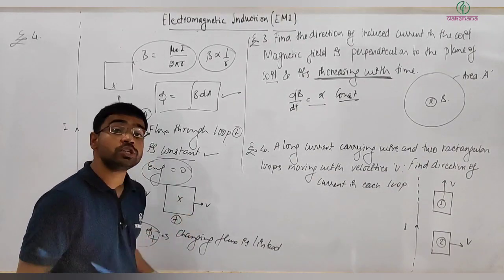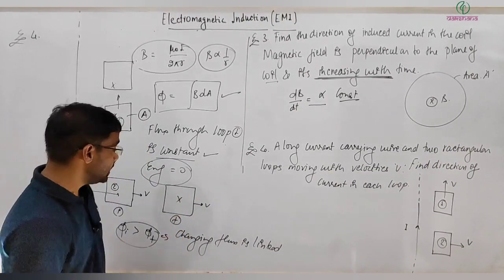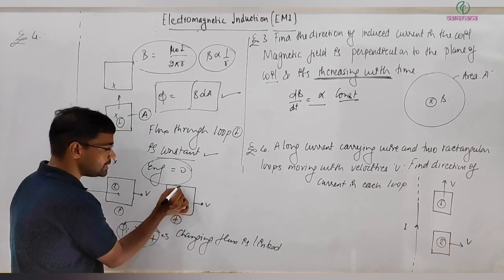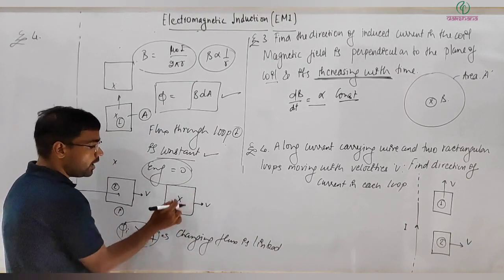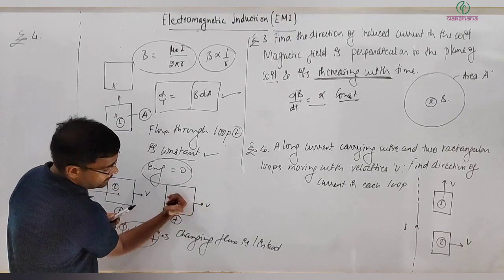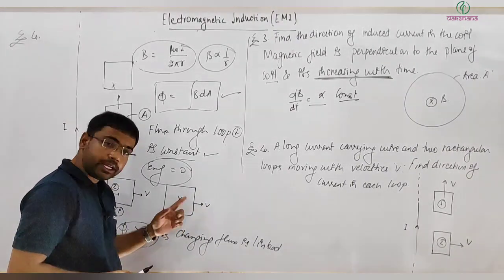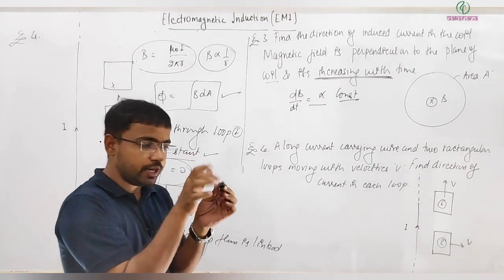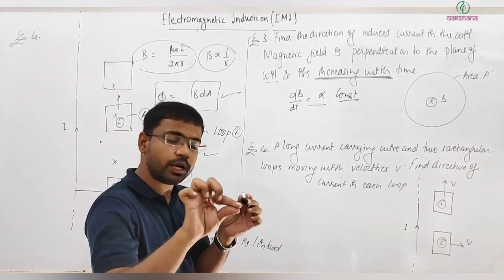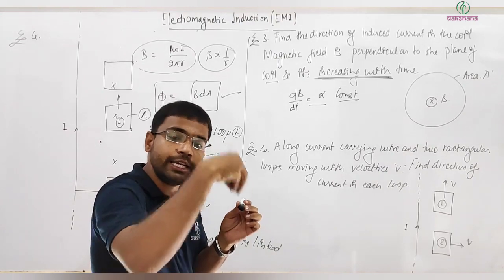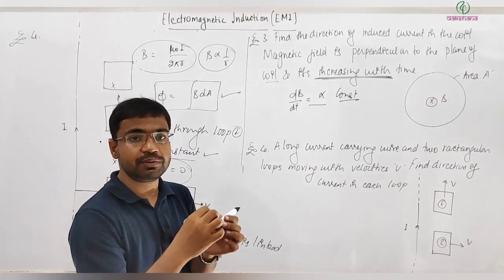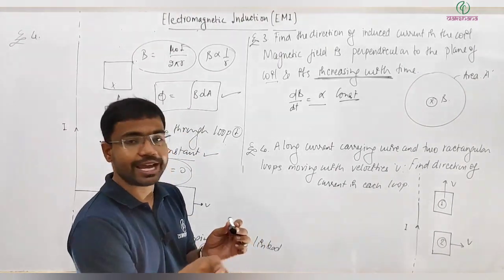The induced current should be in a manner such that it tries to oppose that. It's decreasing, so it should increase that. The flux is in the inward direction. If the current is flowing in the anti-clockwise direction, then that flux will be outward, and it will decrease the inward flux further.